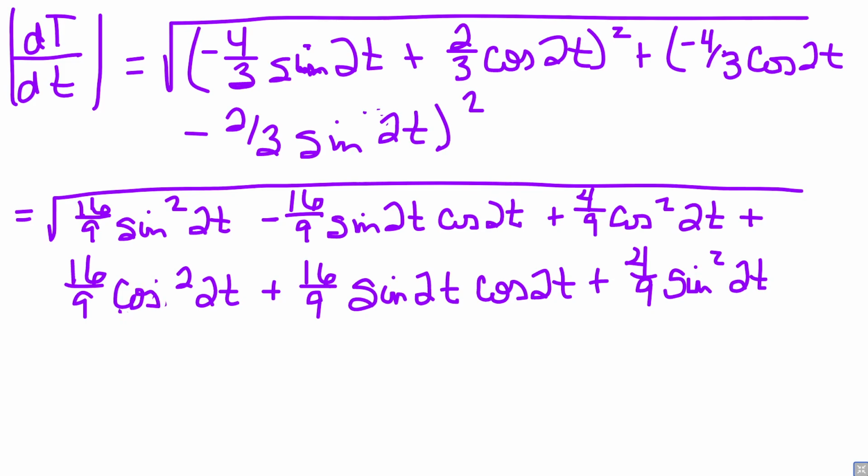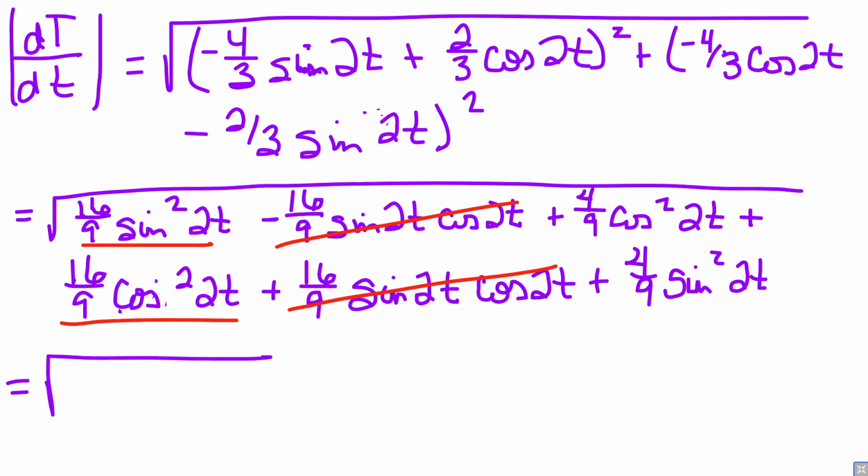Okay, thank you. All right, so these will cancel. These we can combine, and they're going to give us just 16/9. These we can combine, and they're going to give us just 4/9.